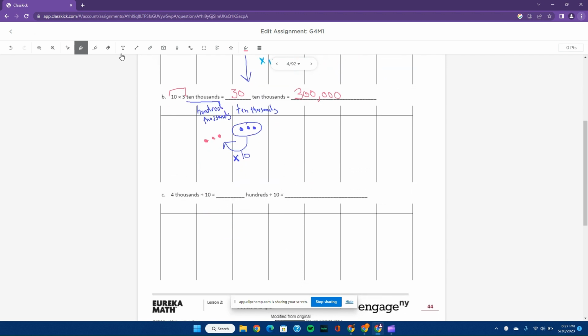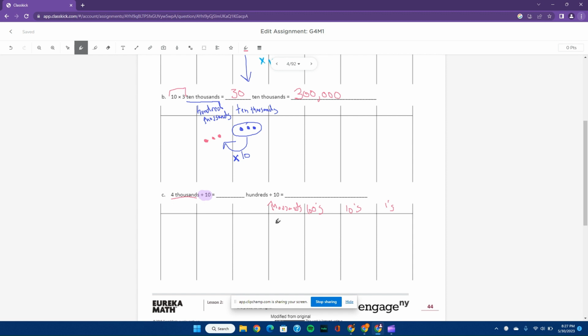C is a little bit different because I'm not multiplying by 10. In this case, I'm dividing by 10. So sort of the same thing is true, just in reverse, where this time we're starting with 4,000. So this is my ones, this is my tens, hundreds, and then this would be my thousands.